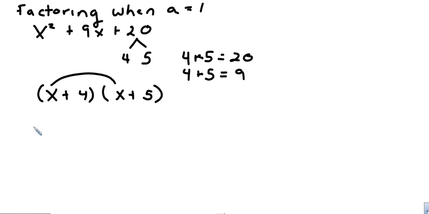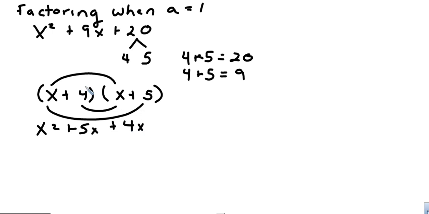So first gives me x squared, outer gives me 5x, inner gives me 4x, and last gives me plus 20. If I add like terms here, I get x squared plus 9x plus 20, and I'm right back where I started, so I know I have correctly factored my quadratic.